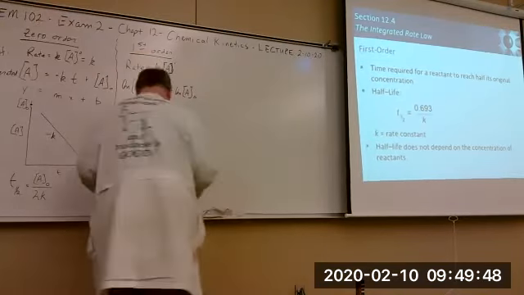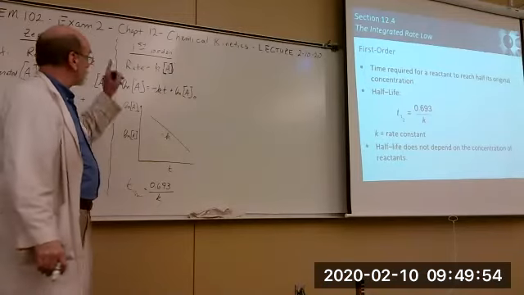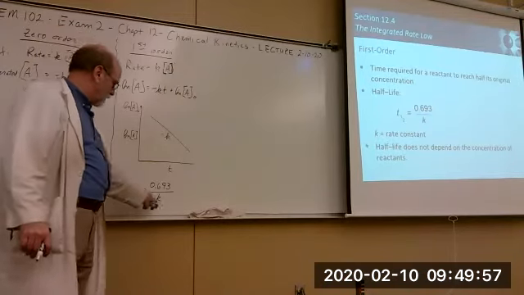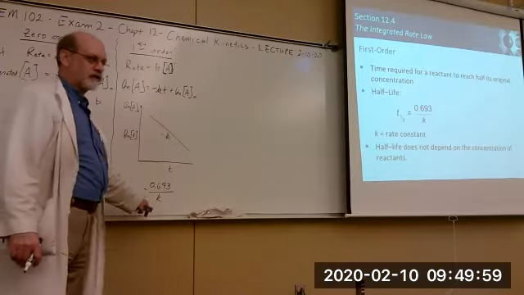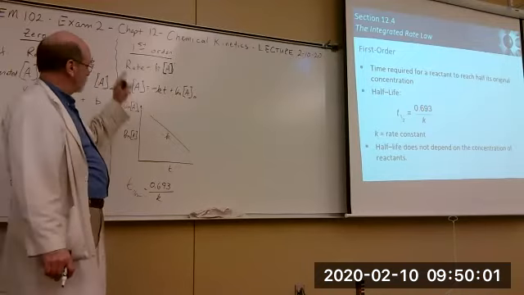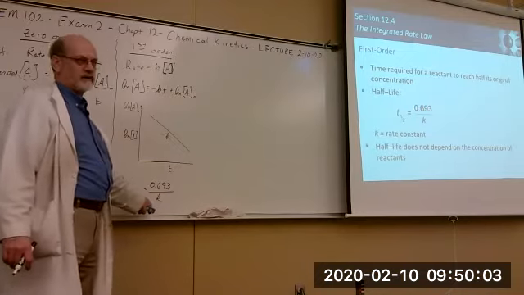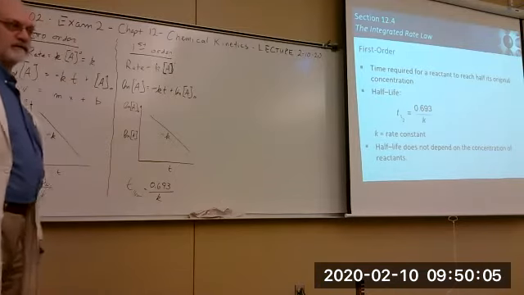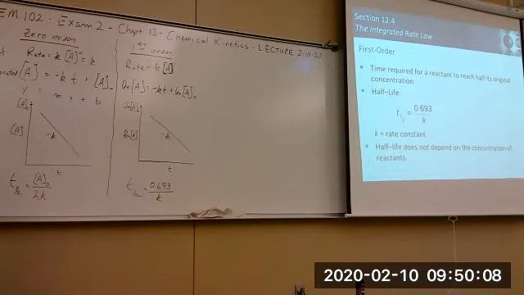So here, if you can determine the half-life from your data, and you know it's first order, then you can solve this and find K. You don't even need the concentration. So the half-life for first order does not depend on concentration at all. It only depends on the inverse of K.